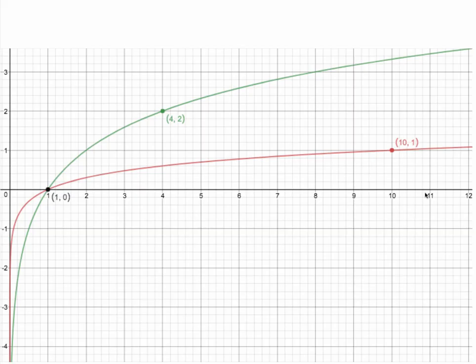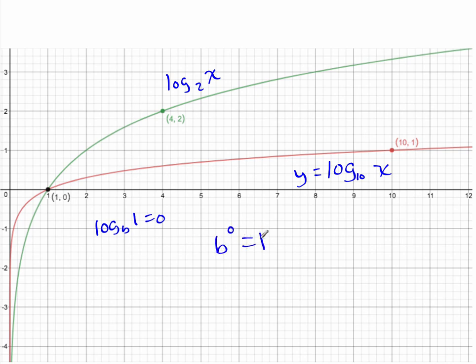Now let's look at the graph of log of x of different bases. This red graph here is y equals log base 10 of x, while the green curve is log base 2 of x. Now, one thing I want you to note is a log of 1, with any base, is 0. Why? Because any base to the 0 is equal to 1.